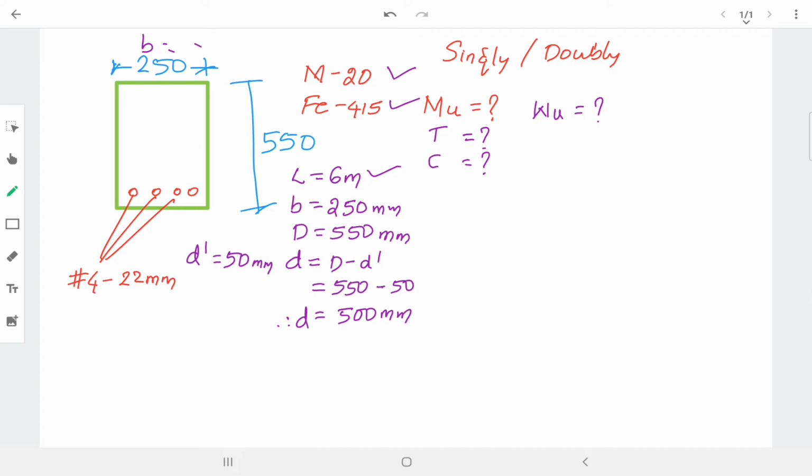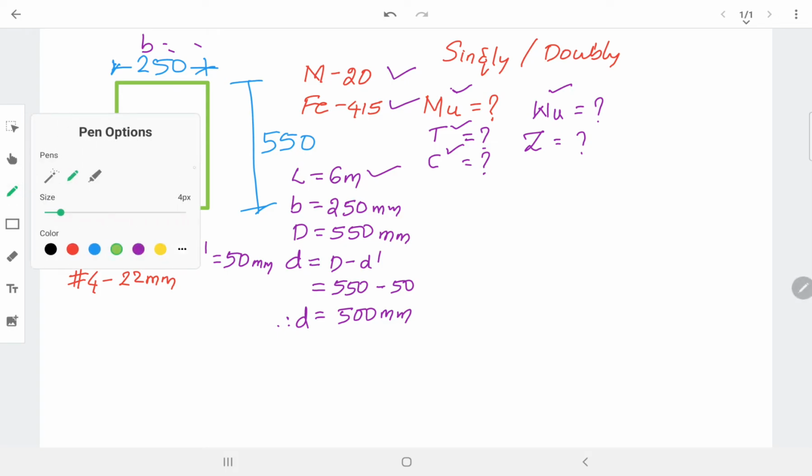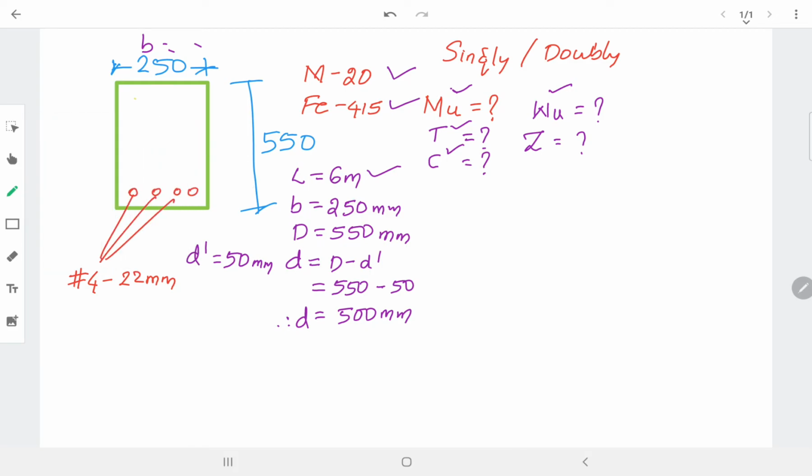So I'm supposed to find the value of Mu, T, C and W. Sometimes, if you want, you can also find the lever arm. In this way we'll be finding the conditions. Obviously the beam will also have anchor bars, top anchor bars.